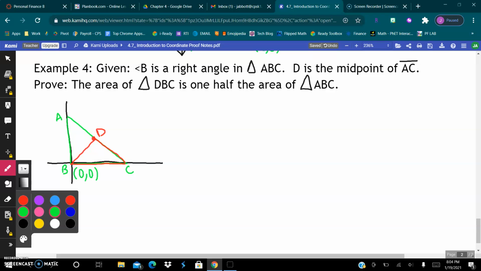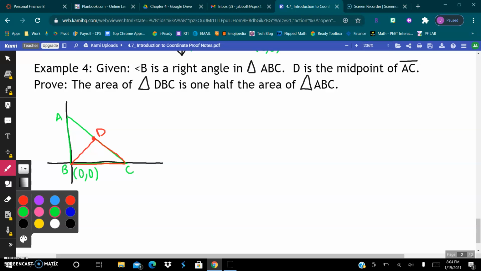And thinking about the fact that I have to cut area in half for triangles, I want to use a number that's going to be easily used with 1/2. So we're going to think about those kinds of numbers. I'm going to use 2. So I have to make up a variable for the other points here.